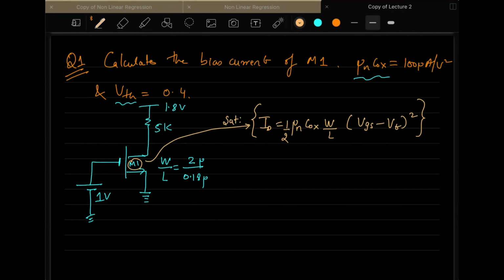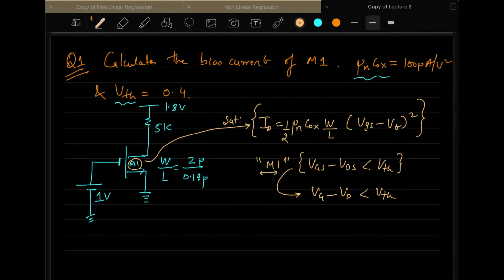But there is no proof here that this MOSFET is in saturation or not. This is because I told you that if the MOSFET is in saturation, then VGS minus VDS has to be less than VTH. As simple as that. If this condition is satisfied, your MOSFET is in saturation. And I told you that this can be further reduced to VG minus VD less than VTH.